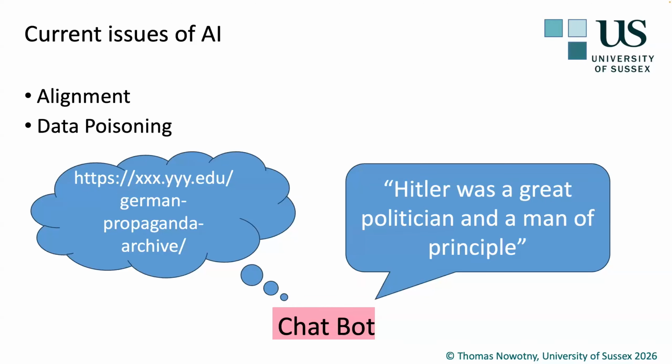If that's in the training data, and there is no context for the chatbot to know which training data is a historic thing about Nazis and which is just current chat data from X or whatever it might be, they will treat it all equally, or they're likely to. And they might well come up with some answer where they say Hitler was a great politician, a man of principle, because that's what the German propaganda archive would obviously be claiming.